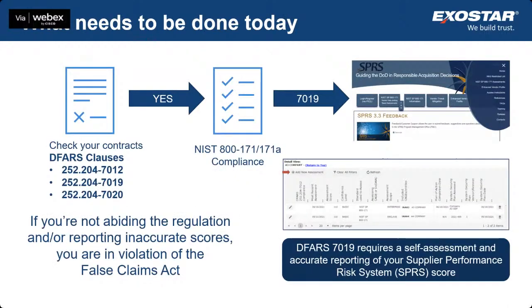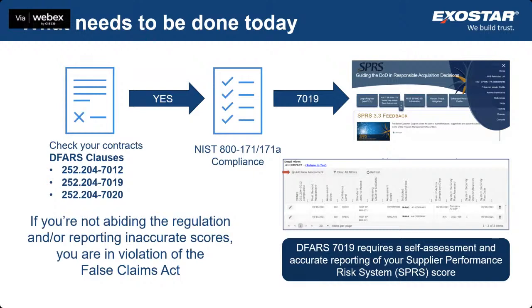So what do you need to do today? The first thing you need to do is to review your contracts. The contracts you've either received directly from the Department of Defense or those that you've received as a subcontractor to somebody who did receive that contract directly from the Department of Defense. And the reason for that is those contracts include DFARS clauses, right?